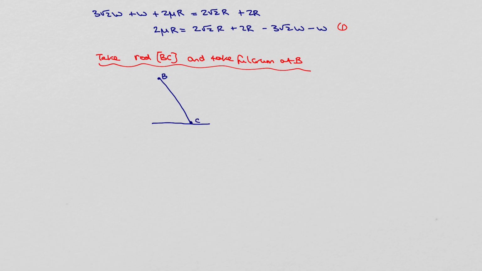So if I was taking the rod BC, I would have my X and my Y. So by taking the fulcrum at B, I eliminate those contact forces.